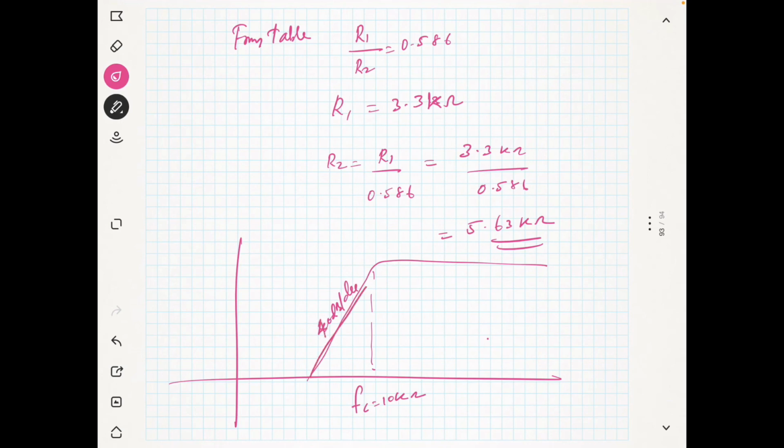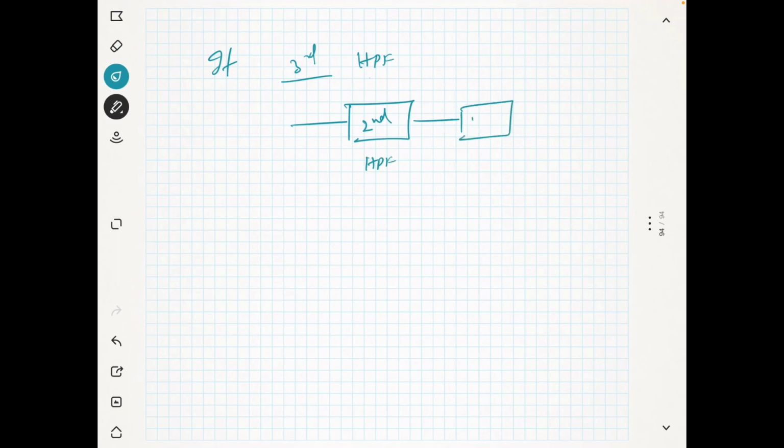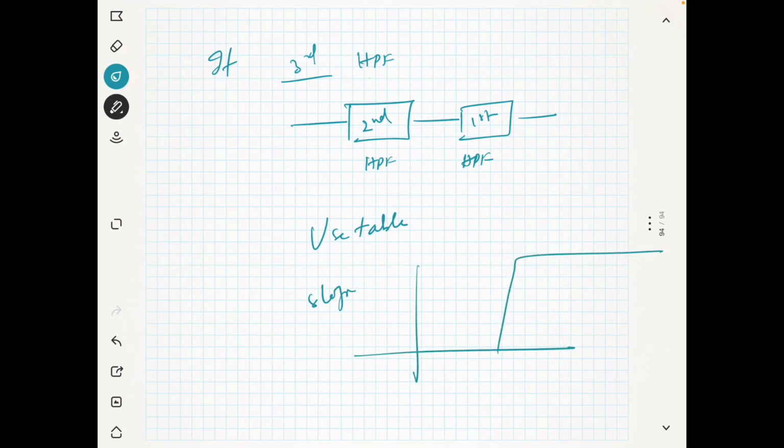Now if you want to design a third order high pass filter, then use the third order, then second and first, and use the table. And what is the slope of this? Basically it will be 60 dB per decade. It is the slope for third order.